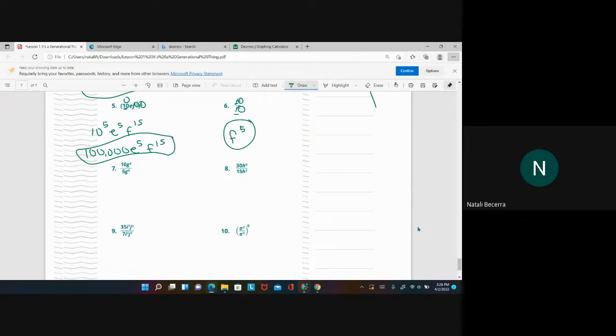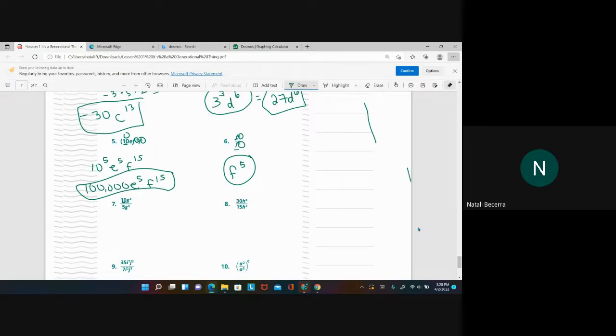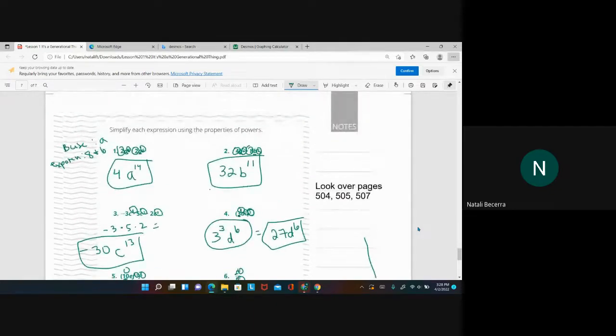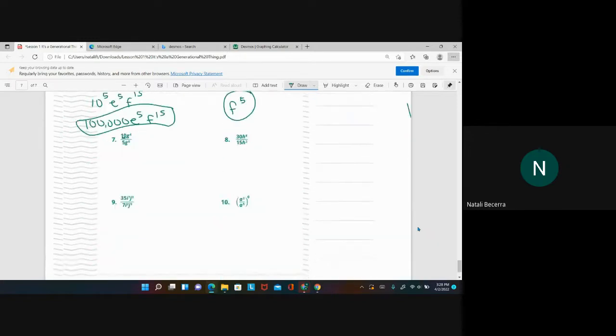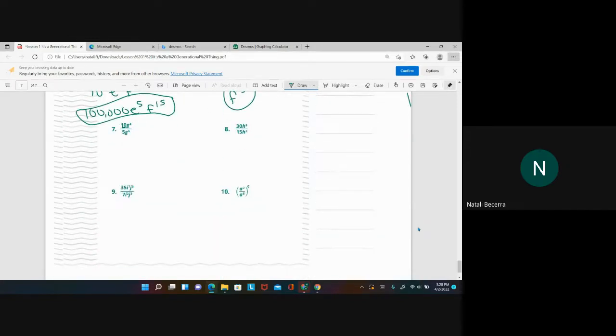Then whenever you have coefficients, just like how we did up here, whenever we didn't have parentheses, we just multiply them, right? Because they're being multiplied. We got 32 there. Here, 2 times 2 is 4. That's whenever you don't have parentheses. Same thing here. What's 10 divided by 5? 10 divided by 5 is 2.